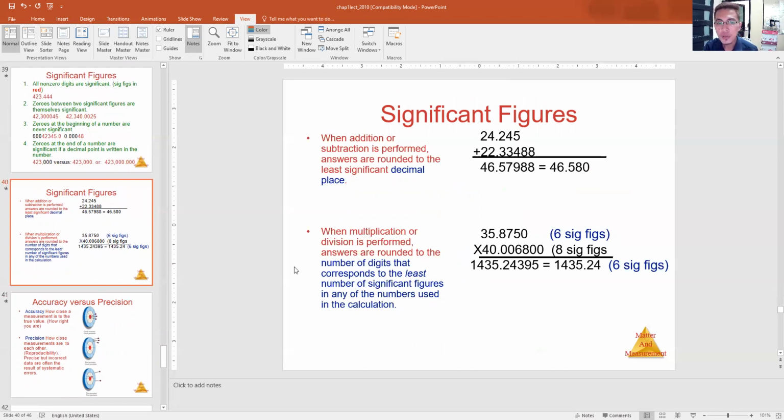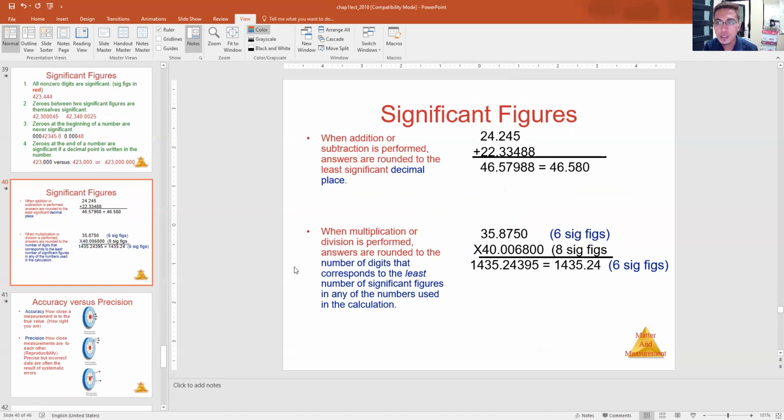So when you add or subtract numbers, the answer is rounded to the least significant decimal place. For example, 24.245 plus 22.33488. The answer is 46.57988.